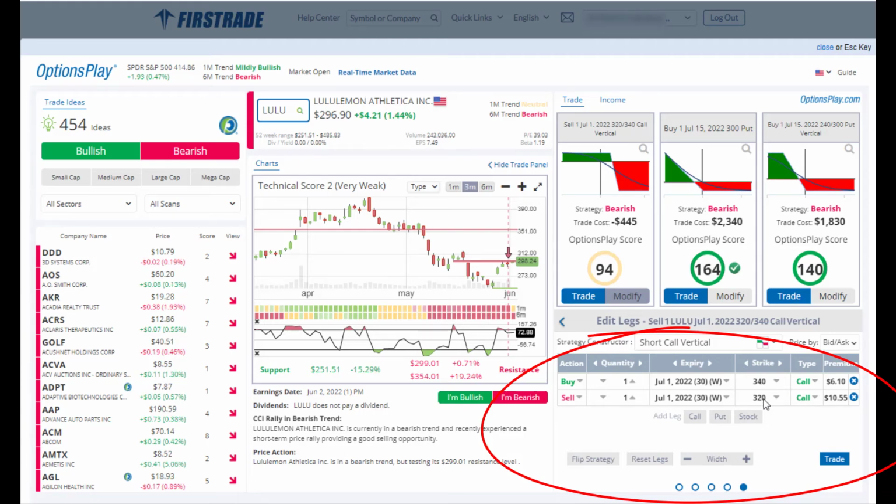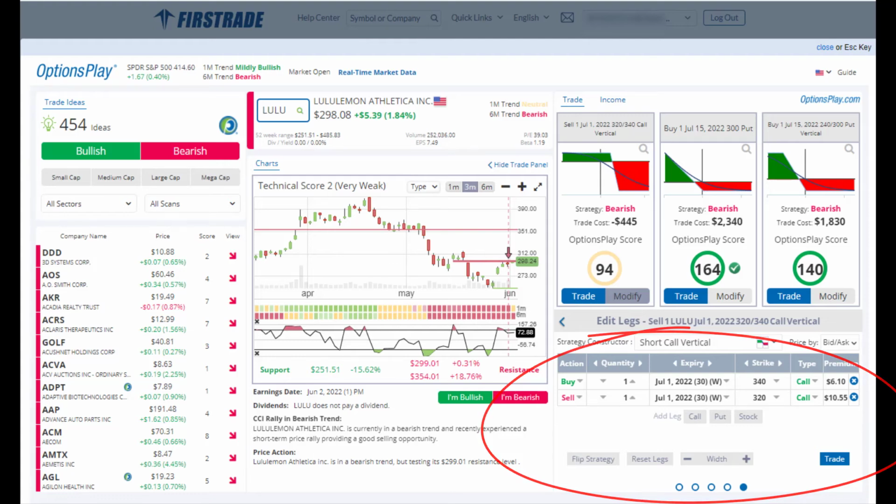And remember my premium rule that I'm looking for between 7.5% and 12.5%. And in this example we've got $20 difference between the strikes, netting us $4.45. So that works out about 22%. So that's a very good trade for us here if we could put it on.